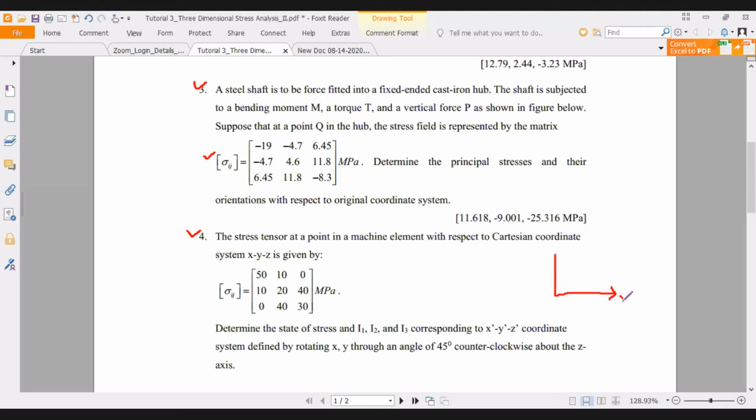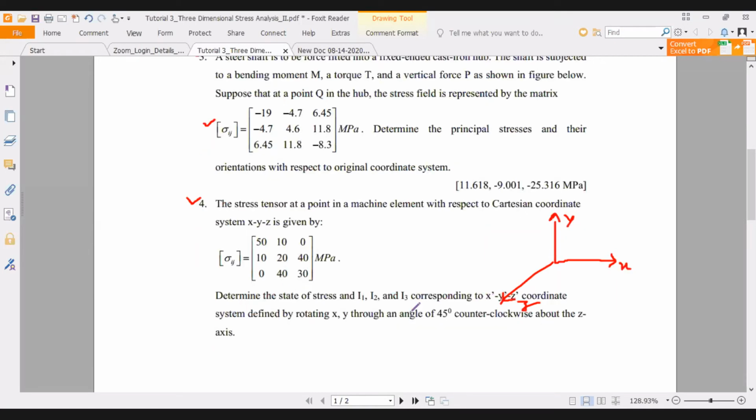This is your x, this is your y, and this is your z. It is given in this question that we rotate x, y through an angle of 45 degrees about the z axis, counterclockwise. This is your 45 degrees.